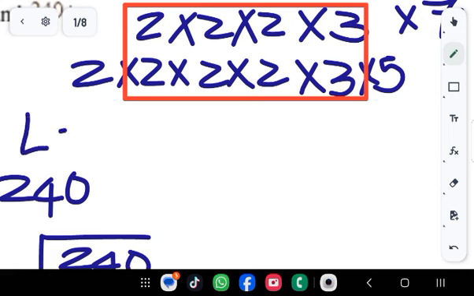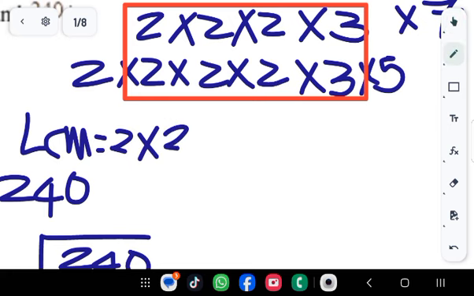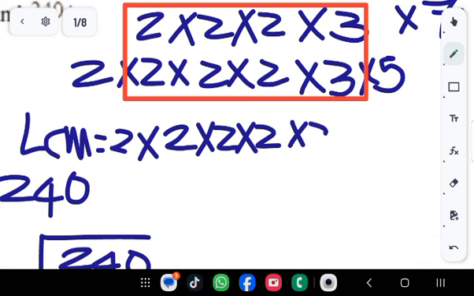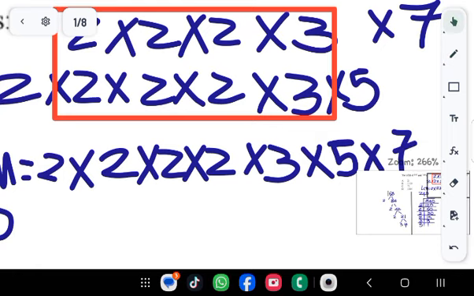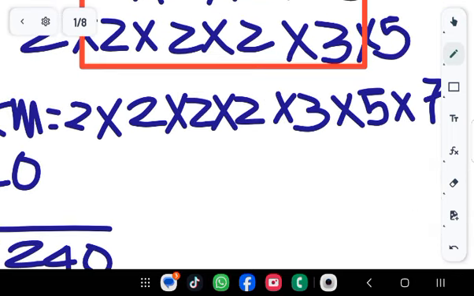So the lowest common multiple will be equal to 2 times 2 times 2 times 2 times 3, and then the rest of the numbers we include in calculation of the lowest common multiple, and that will give us this number.